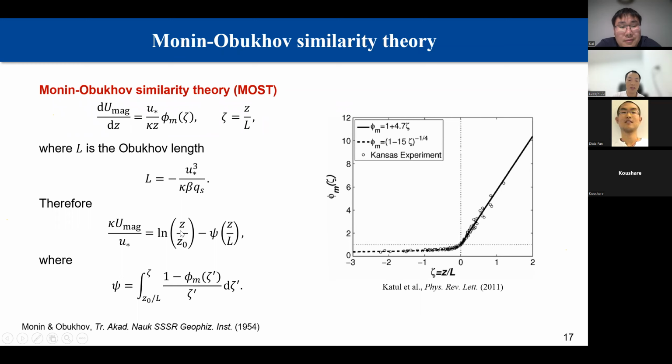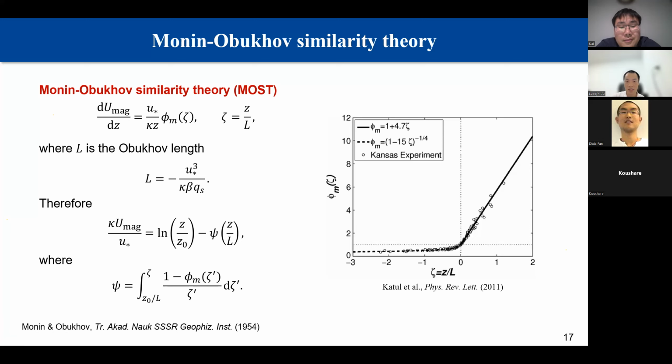The first term is the log term, and the second one is expressed by psi, and psi is only a function of the stability parameter. Here, L is the Obukhov length scale, and it is defined based on the heat flux on the surface. For the neutral case, we know that Q_s equals 0, which means L equals infinity, so psi always equals 0. That means in the neutral case, MOST reduces to the log law.